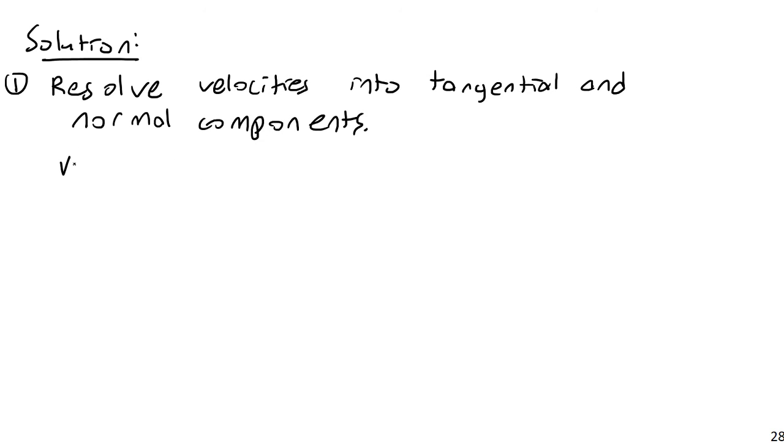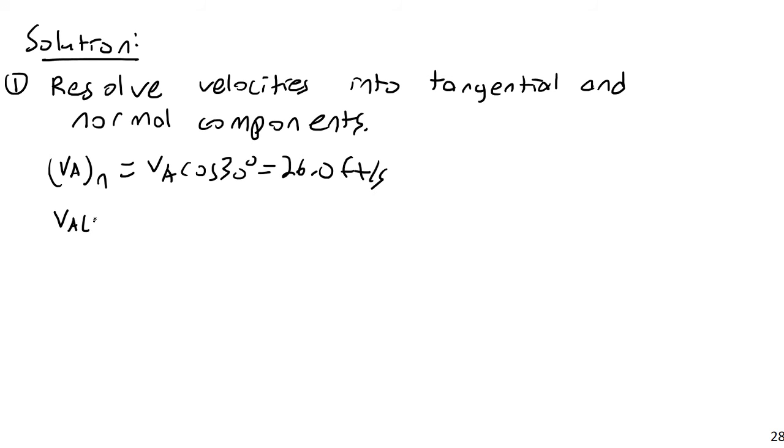So VA normal is going to be equal to VA cosine theta, VA cosine 30 degrees, which will be equal to 26.0 feet per second. VA tangential will be equal to VA sine of 30 degrees, which will be 15 feet per second.